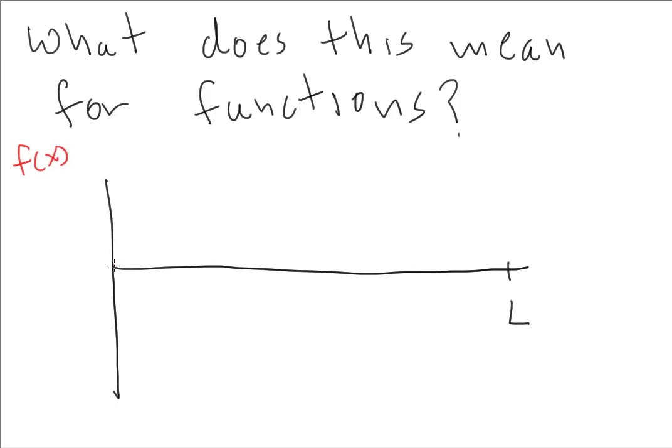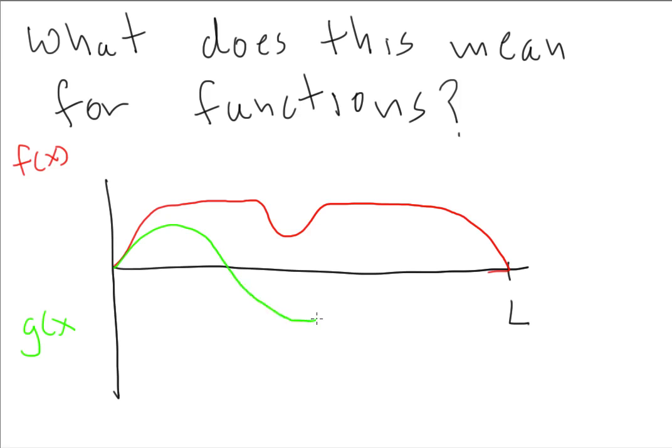I'm going to draw these a little bit more simply now, something that does something like that. And g of x I'll draw in green. Let's say g of x looks something like this.